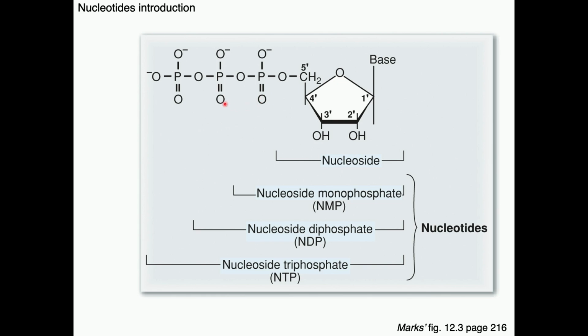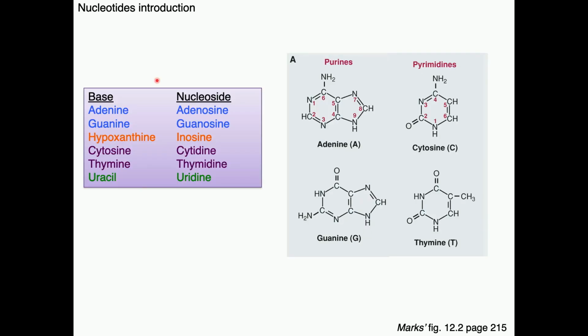If it gets phosphorylated again, it's adenosine diphosphate, and if it gets phosphorylated thrice, adenosine triphosphate. But you hear a lot of people talk about the adenine nucleotide or the thymine nucleotide, so cut them some slack, I guess.